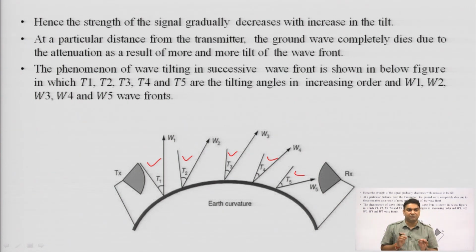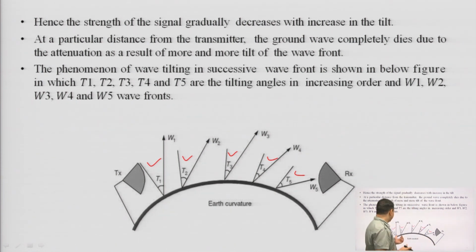So, this particular phenomenon of tilting is an important concept in surface wave or ground wave propagation. How it happens? You can see here the phenomenon of wave tilting in successive wave fronts, in which T1, T2, T3, T4, T5 are tilt angles in increasing order, and W1, W2, W3, W4, W5 are the different wave fronts.